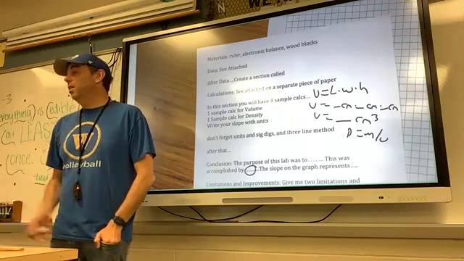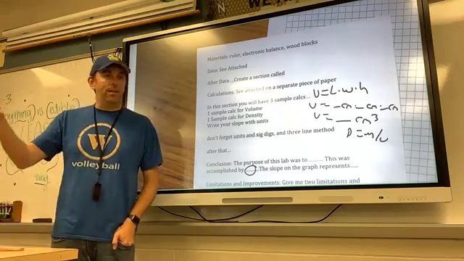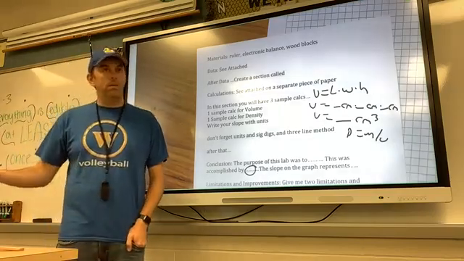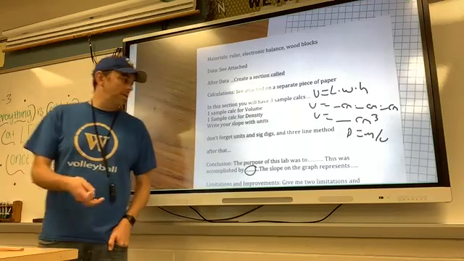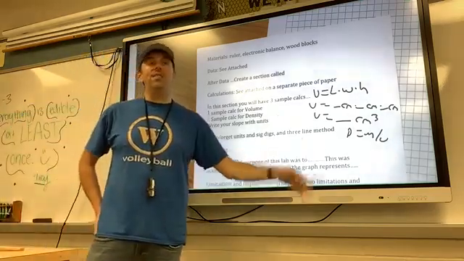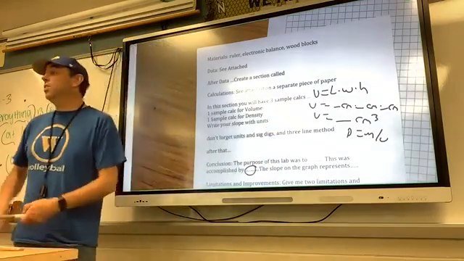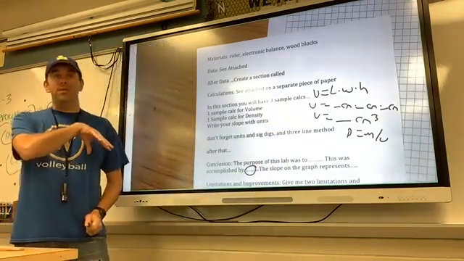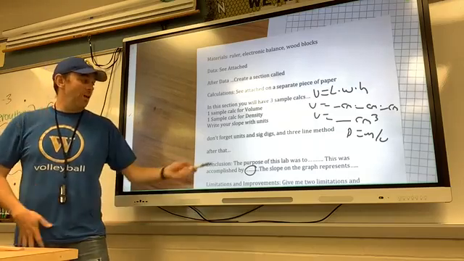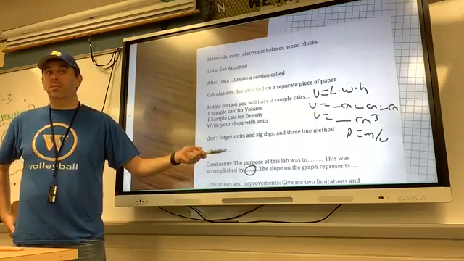You could say something like, we took the volume and masses of blocks, we divided them to get density. I don't need a step-by-step redo of the whole procedure. The slope on the graph represents blank. So you guys will tell me what the slope on the graph represents in your conclusion. That's the conclusion section. So you're looking at 1, 2, maybe 4 sentences there.